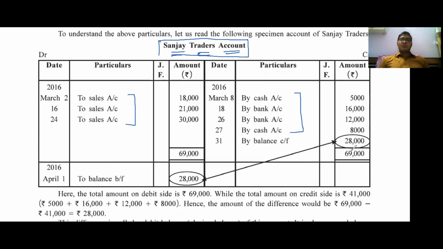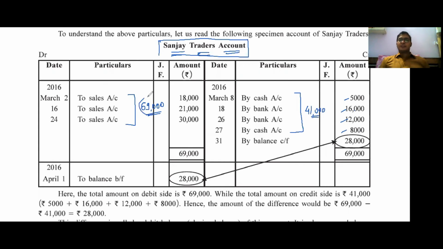Now, before closing the account, we have to look at the total of debit entries: 18,000, 21,000 and 30,000 is 69,000, and the total of credit: 5,000, 16,000, 12,000 and 8,000, like 12 and 8 is 20, 20 plus 16 is 36, plus 5 is 41,000.